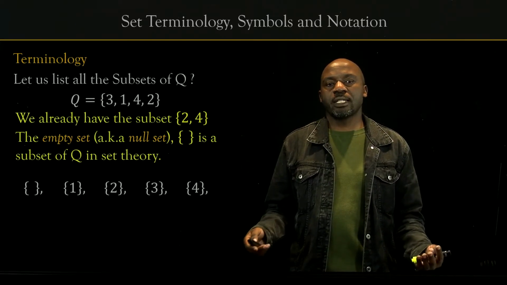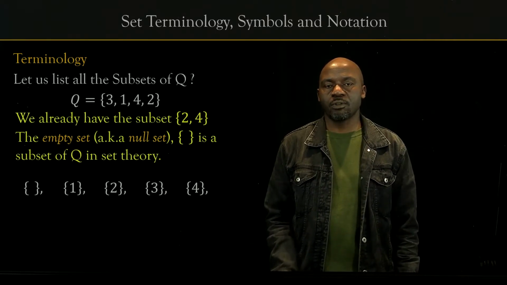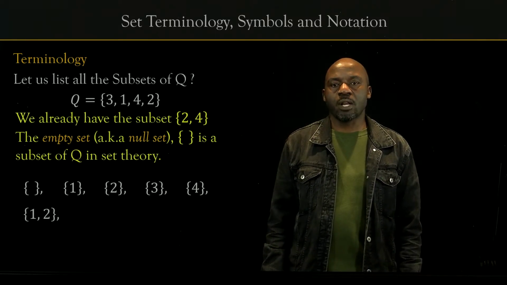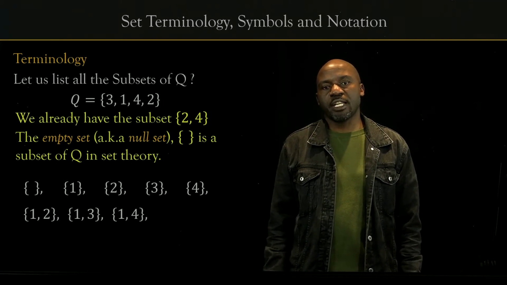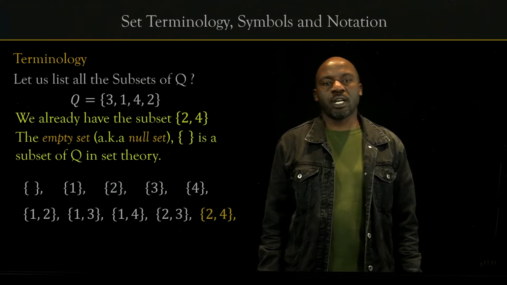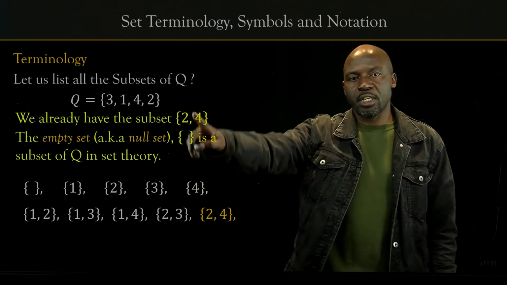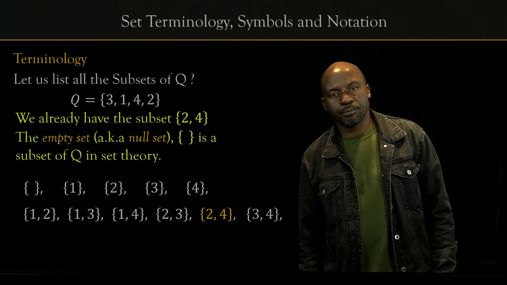Right? Then we can take the elements in pairs. So we can have a set containing 1 and 2, one containing 1 and 3, and 1 and 4. We can have a set containing 2 and 3, and 2 and 4. And then of course there is 3 and 4, right?